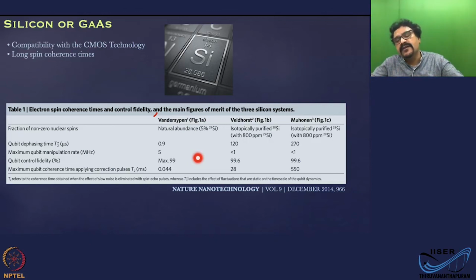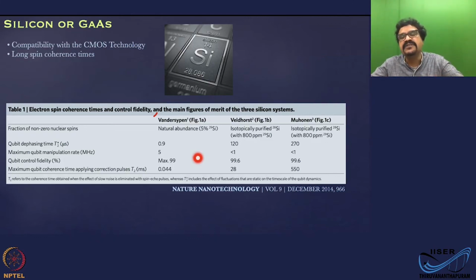So on top of that, silicon is compatible with CMOS technology. The industry knows pretty much every bit and piece of silicon, how to process it. This is an almost half-a-century-old, multi-billion-dollar industry.